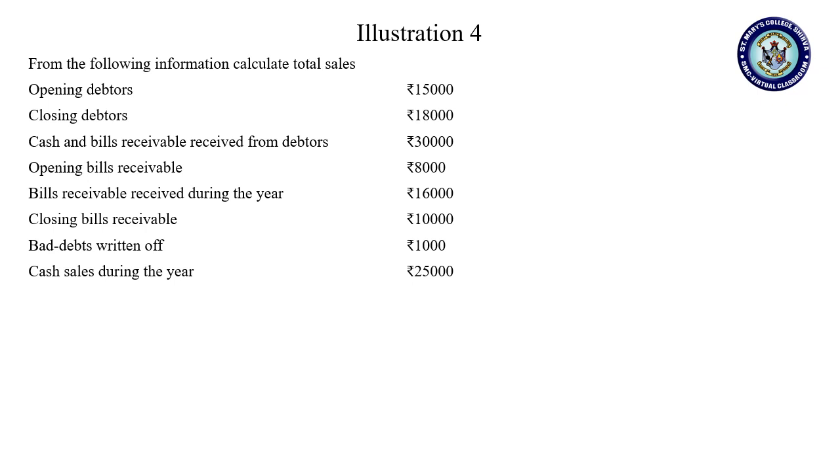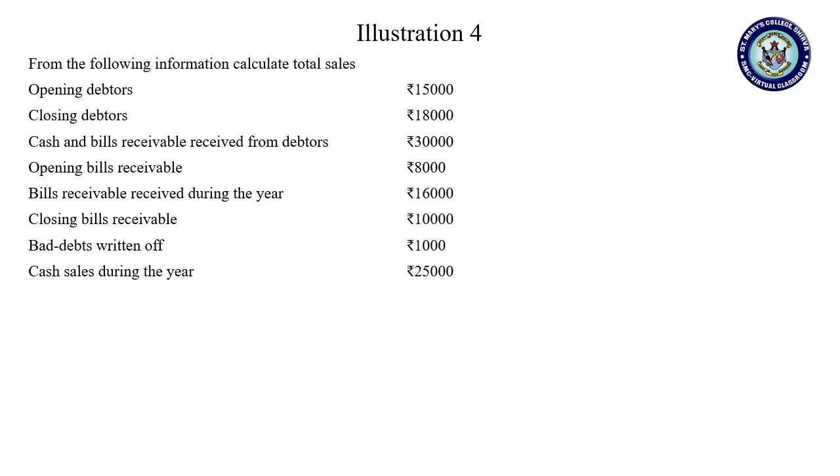Now what is cash received? What is bills receivable received? Now you see the fifth transaction. Bills receivable received during the year 16,000. Again, that is something connected to bills receivable. What is the journal entry that you are going to pass?